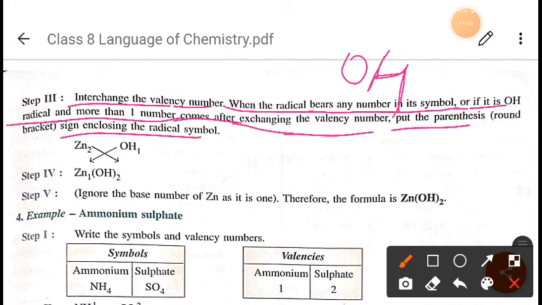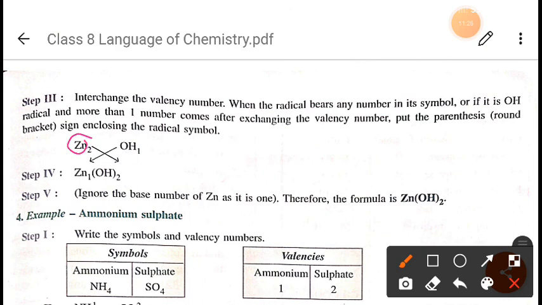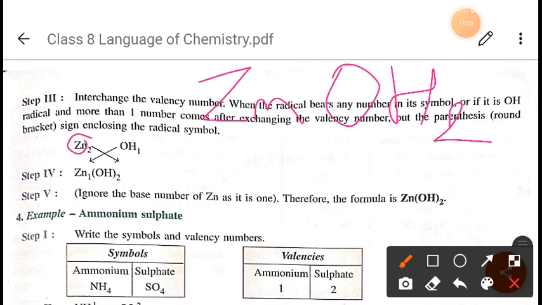So we will not write it like OH1 or 2. Since zinc has 2, zinc will give its valency to hydroxide, so it should be written like ZnOH2, right?